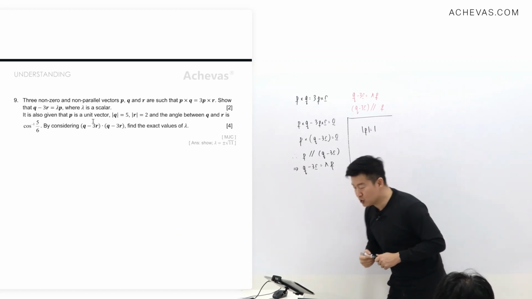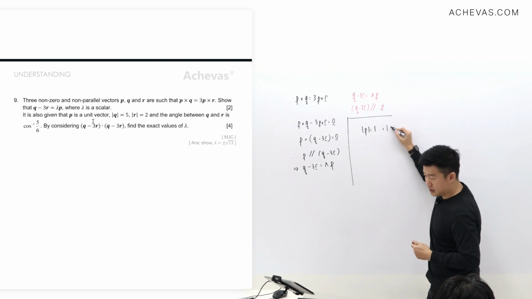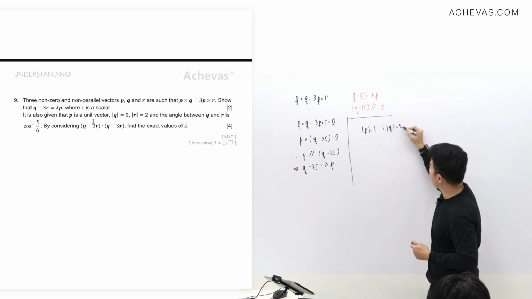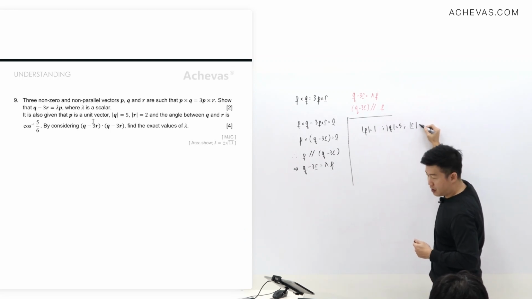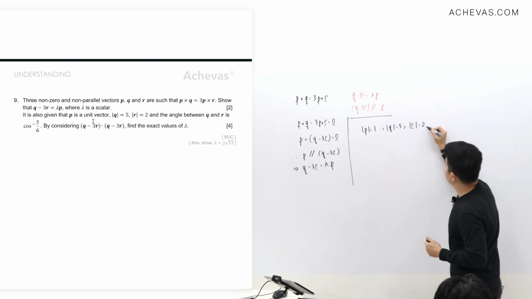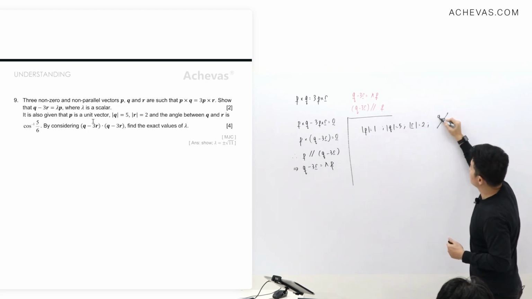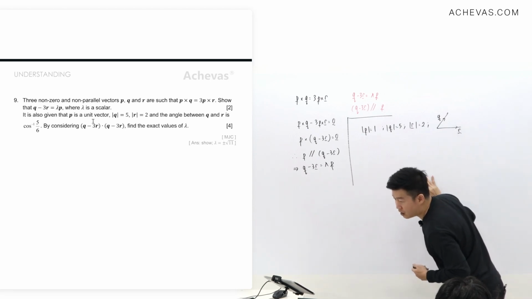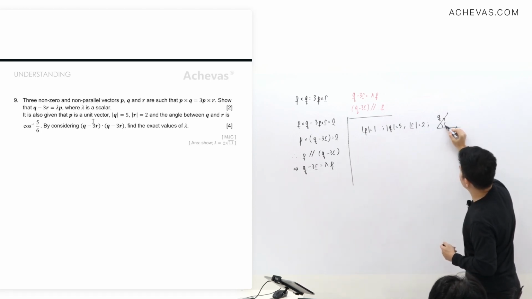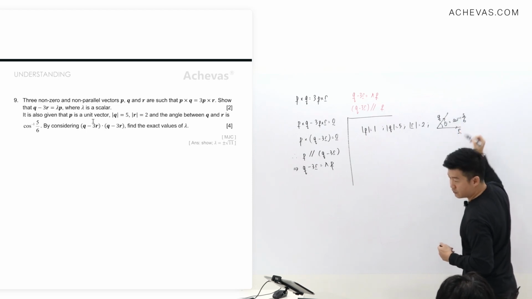We are also told that modulus of Q is equal to 5, modulus of R is equal to 2, and the angle between Q and R, let me just draw a quick diagram for myself, this angle here, I'm going to call it theta. This theta is cosine inverse of 5 over 6.